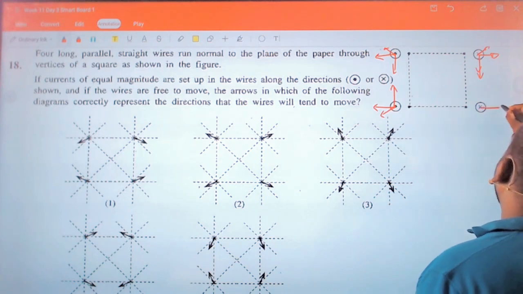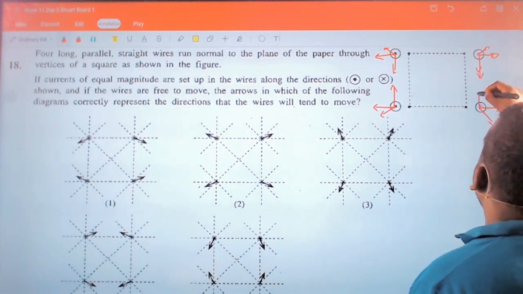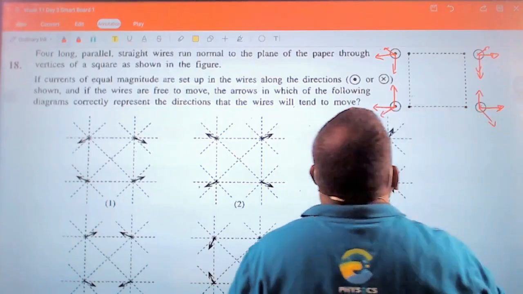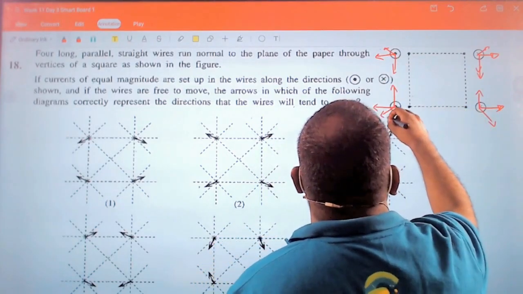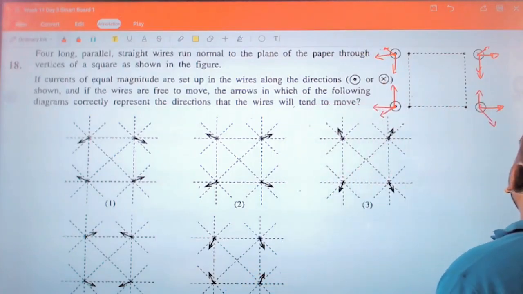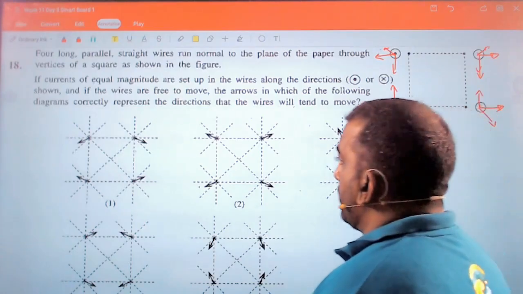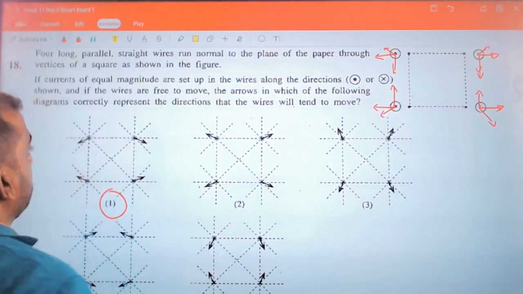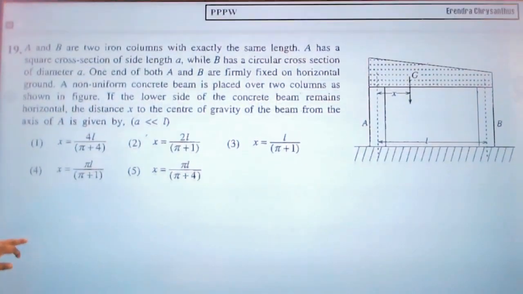Unlike repel, like attract. So here the resultant is down, here the resultant is down. Sorry, here the resultant is up. Here the resultant is down. Here the resultant is up. The correct answer is answer number 1. Moving on.